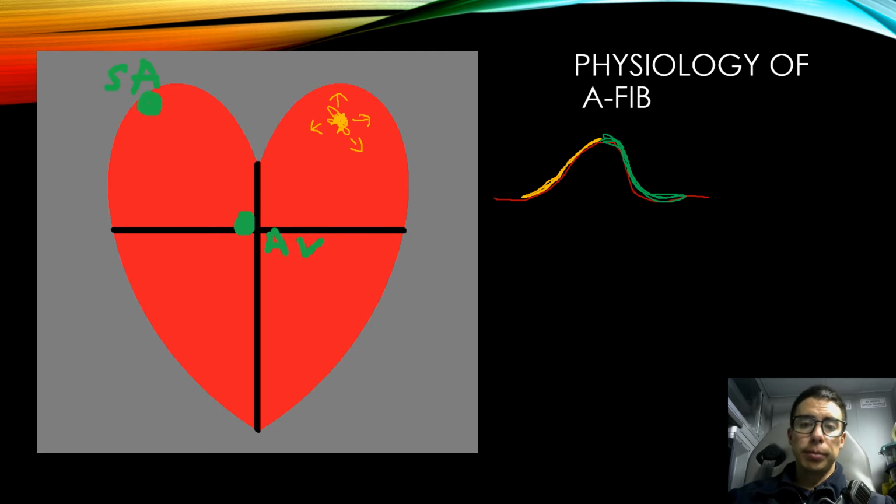But then what will happen is when the normal impulse comes along, that will hit all these ones that have just depolarized, so all this area won't be able to. So it'll just stop there, and the impulse will continue as normal.